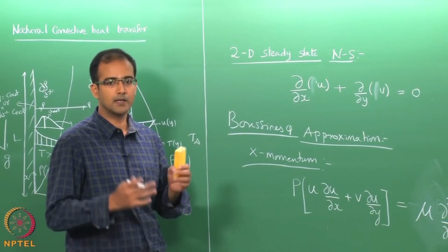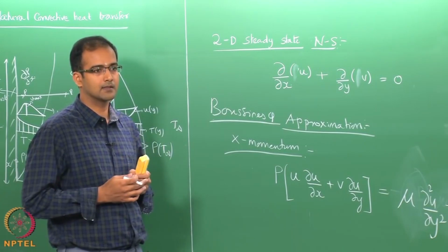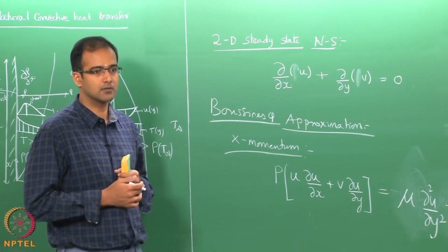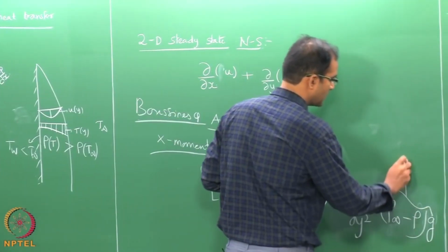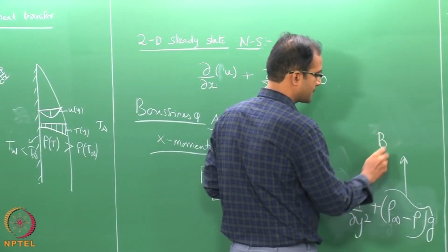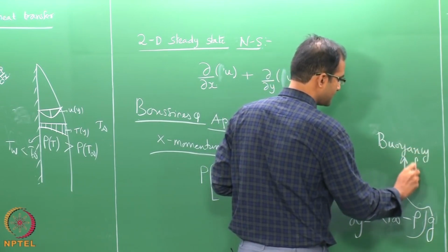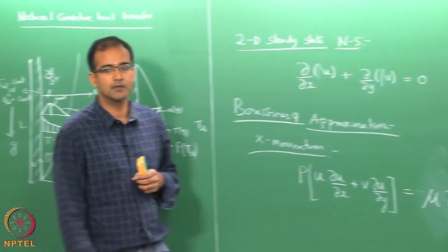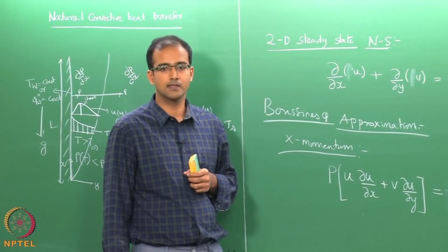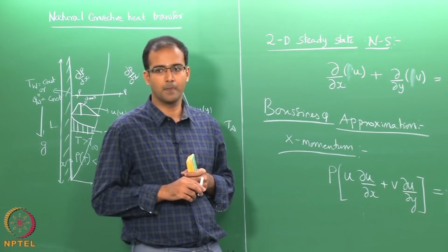The effect of rho infinity g is coming from dp by dx, and the default body force is rho g. So, this difference, rho infinity minus rho, what is this force? This is your buoyancy force. So, this is the net buoyancy force which is now driving the momentum in the natural convection, right.